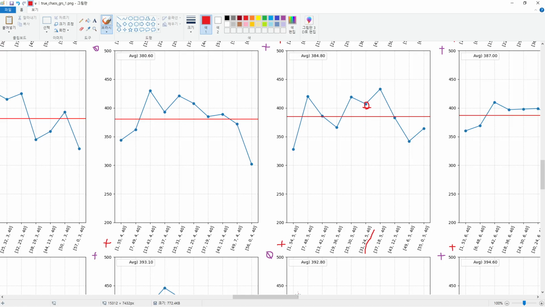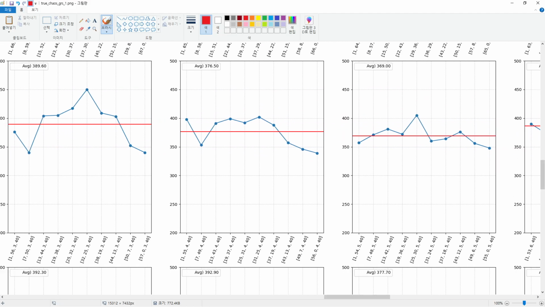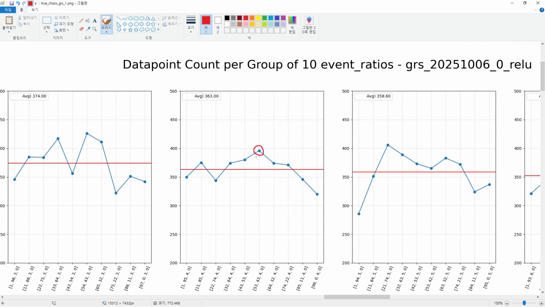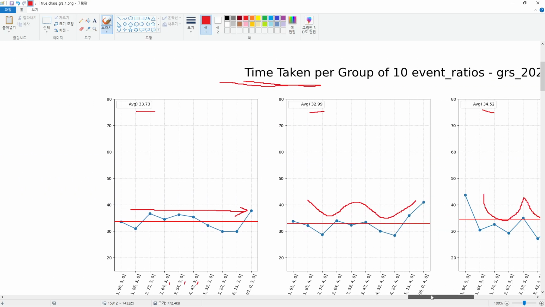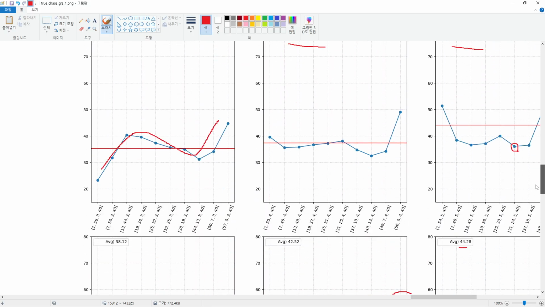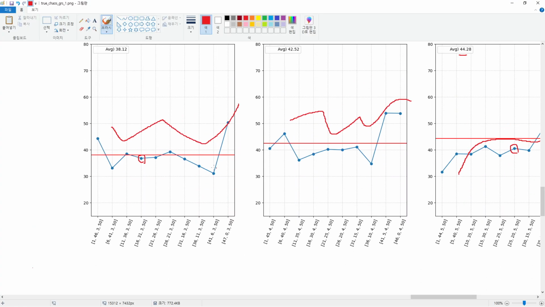Not necessarily the highest. Oh, in this case it was the highest. And here, but time-wise it's shorter than average.